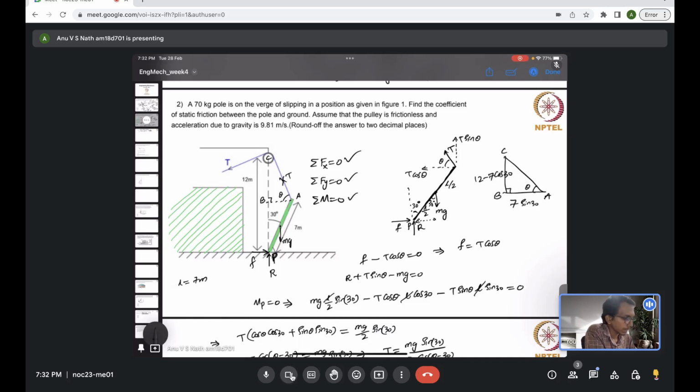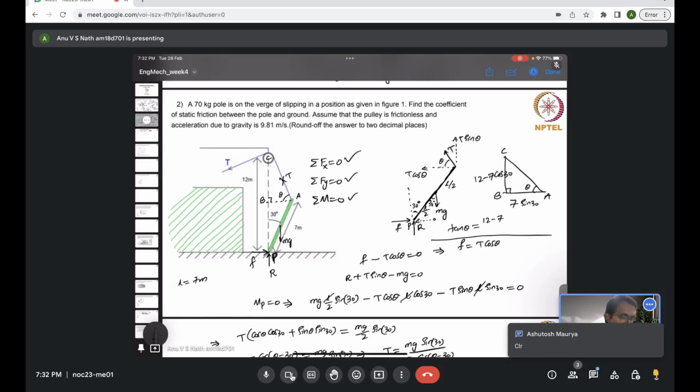So if that is clear, we can write tan theta from this triangle is (12 minus 7 cos 30) by 7 sine 30. So let me evaluate that. So I think it's 1.6965.